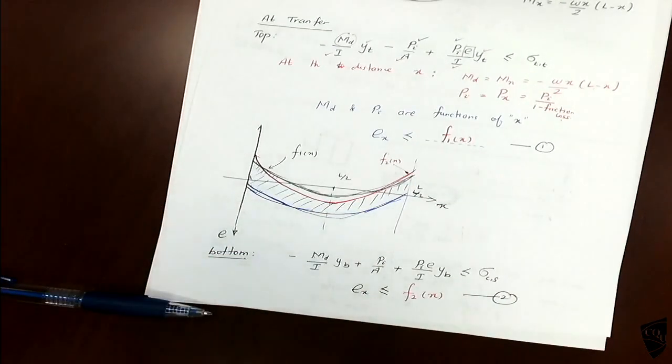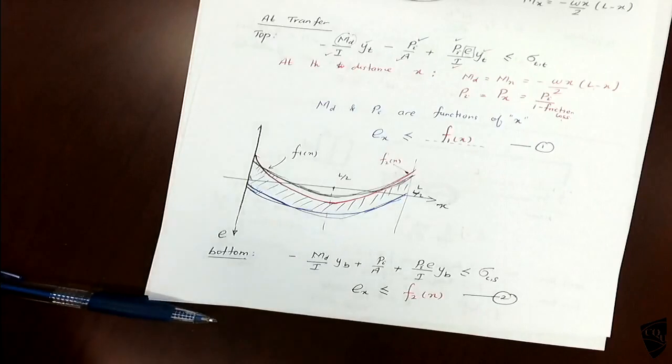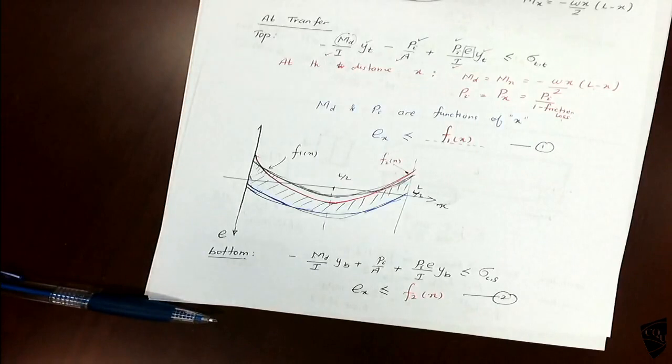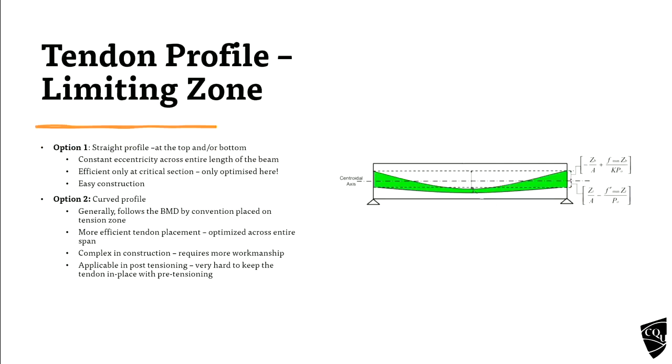If you draw all 4 lines, you will get a zone that will satisfy all 4 e values. So within the green color, all 4 inequalities for eccentricity will be satisfied.